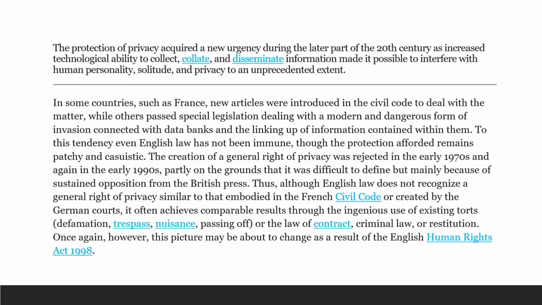Now, once again, however, this picture may be about to change as a result of the English Human Rights Act 1998.